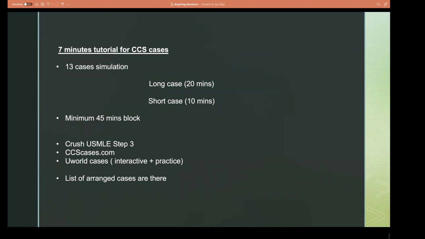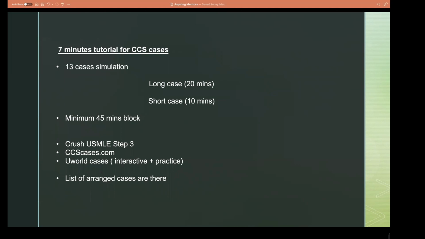And then there is a list of arranged cases, as I have mentioned here, that you can find on Skype, on which they have written that this case number is this on UWorld, this in Crush USMLE, and this is the number on the ccscases.com website. On ccscases.com, they have written a percentage that this case is 90% important, this case is 80% important, and this case is 20% important.